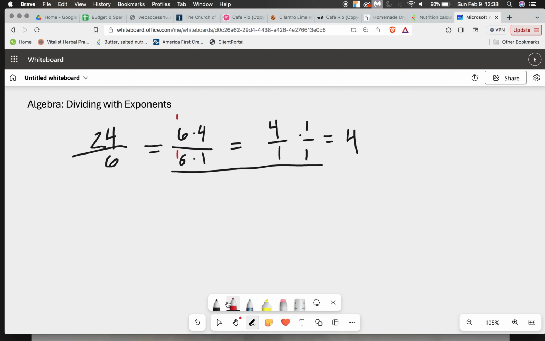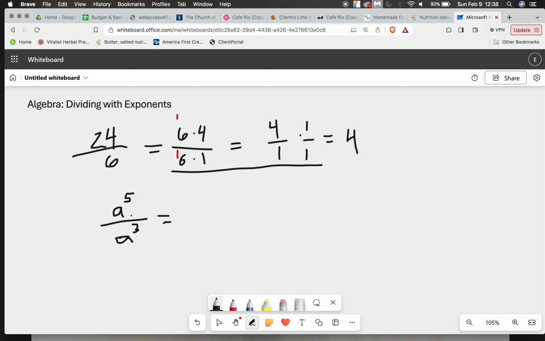So when we're doing a division of variables with exponents, we're doing a very similar thing. So let me write out our exponent problem. In the problem that we did before with the a's, we had a to the power of 5 divided by a to the power of 3.